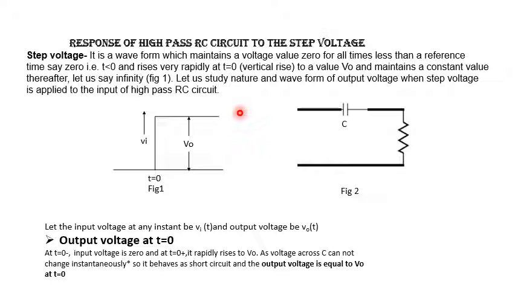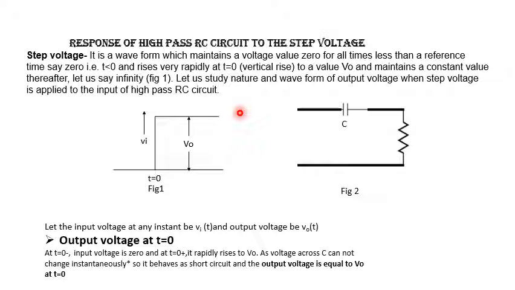It means that if a sine or cos wave is applied to a linear circuit, then the output remains of the same shape. But now we are considering the case of non-sinusoidal voltage.